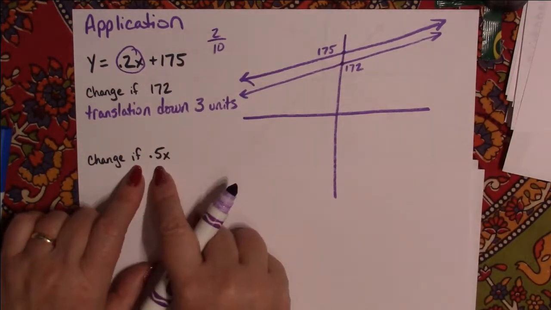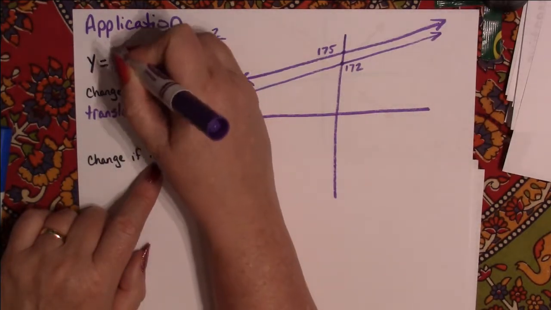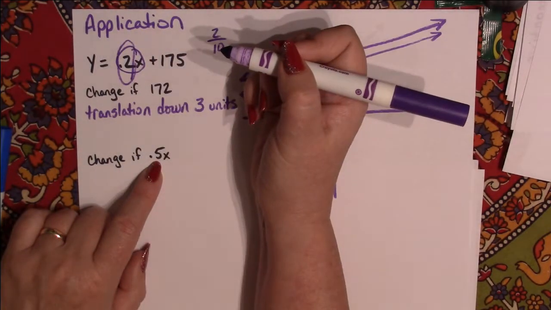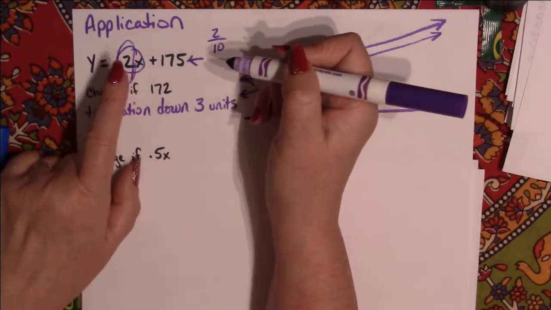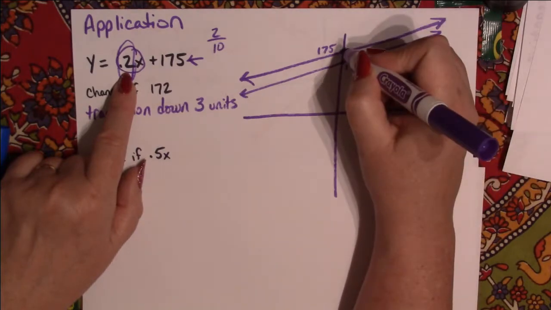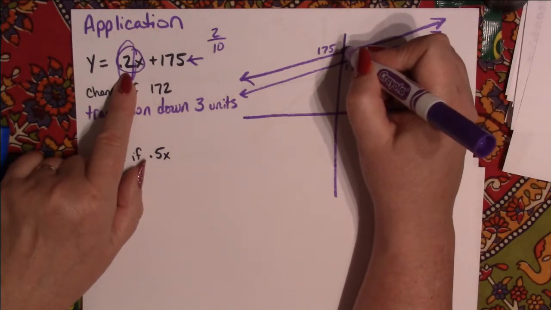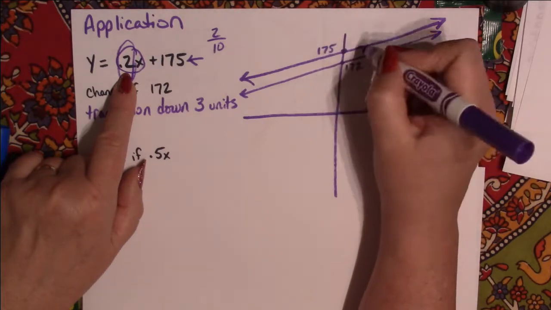Then the next question, how will the graph change if the charge per letter is raised to 50 cents? Well, this is our slope. So if we go back to our original and we change the slope, that's going to mean that we're keeping our y-intercept the same, but we're changing the rotation of our line.